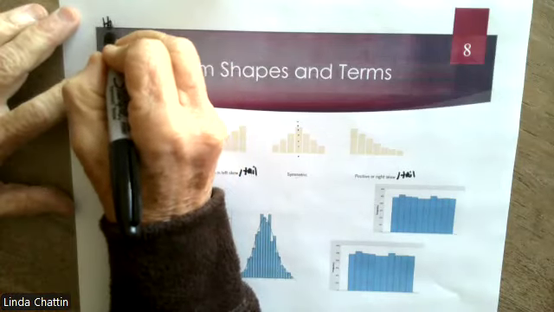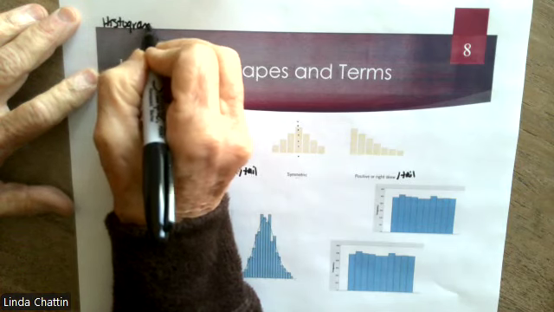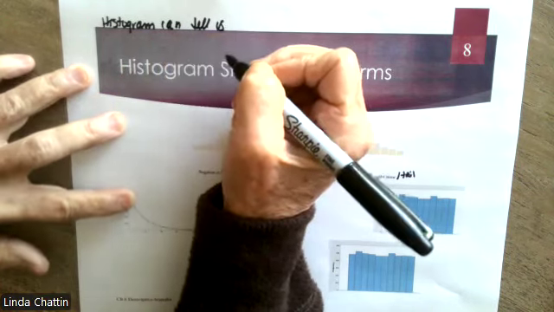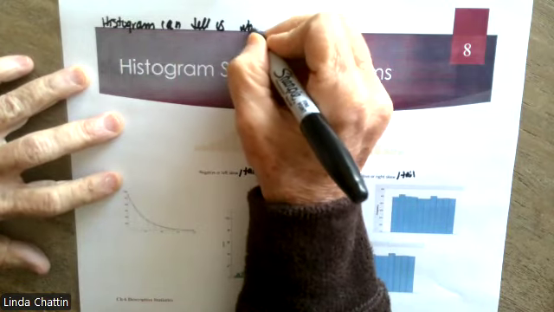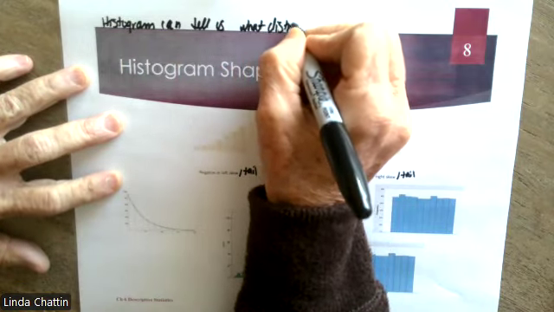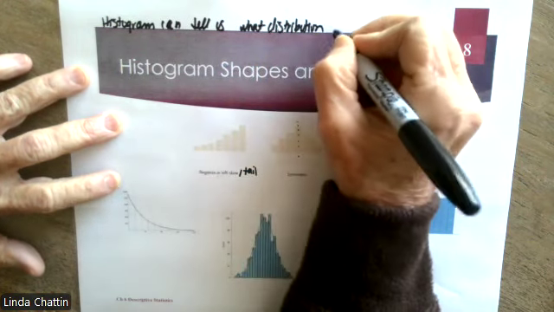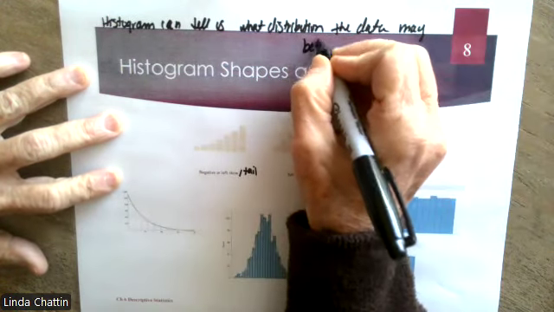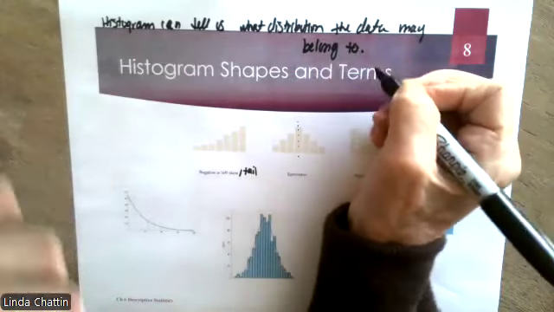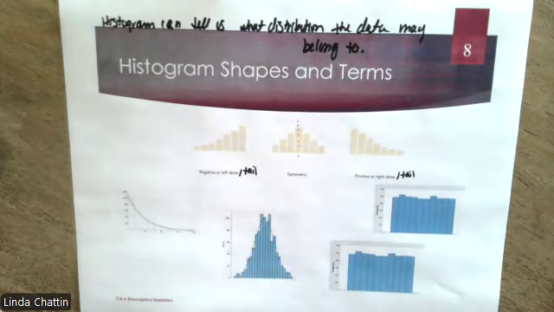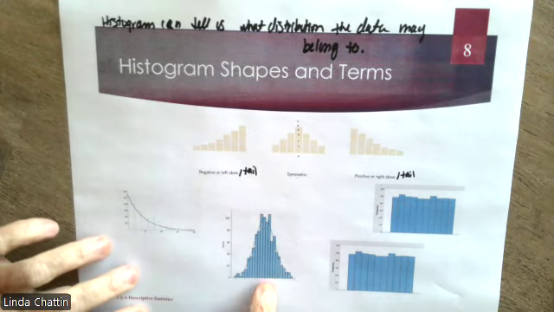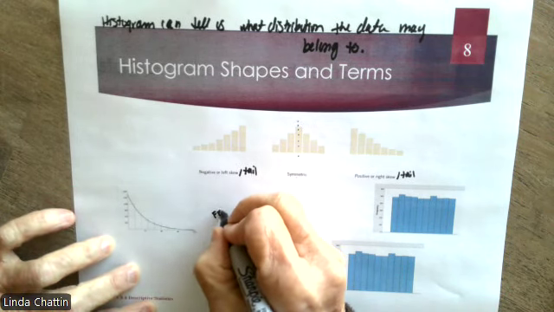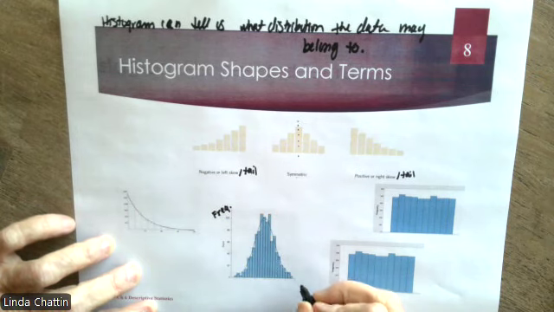Again, on the previous slide, I want to remind you of why we make a histogram. A histogram can tell us what distribution the data may belong to. So for example, if I had a histogram that looks like this, and the y-axis is what we would call the frequency, or the number of observations, and this is the x-axis.